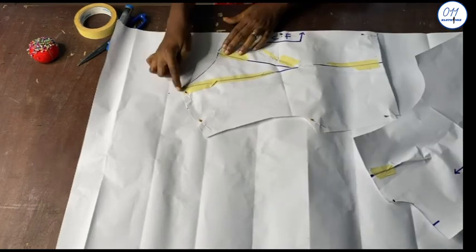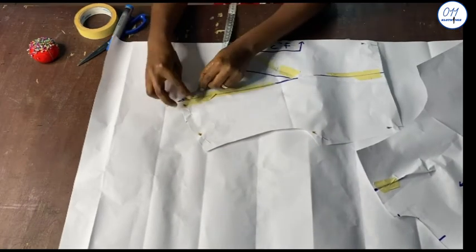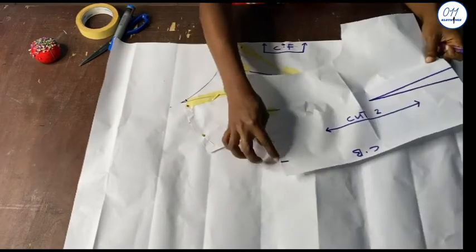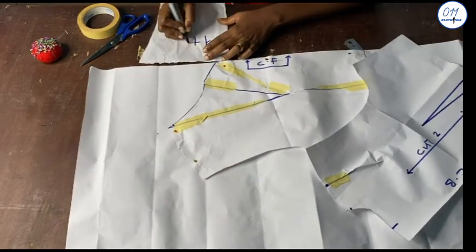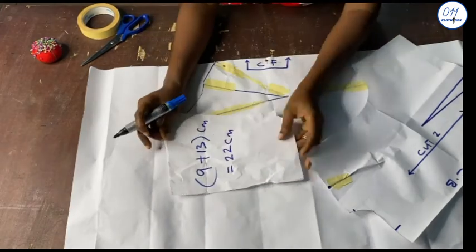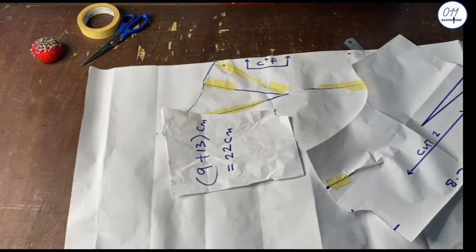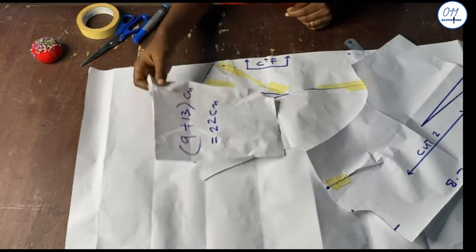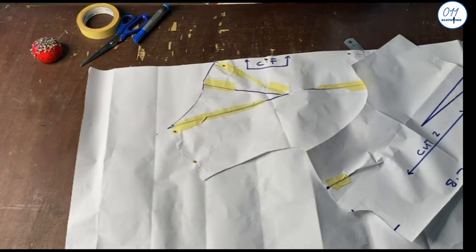Also for the front, I will not include the darts that I transferred to the neckline in the measurement. I will now add the front and the back neckline measurements together, and this gave me 22 centimeters. I will note this value as this is what I will use to draft the collars and also the tie strap.